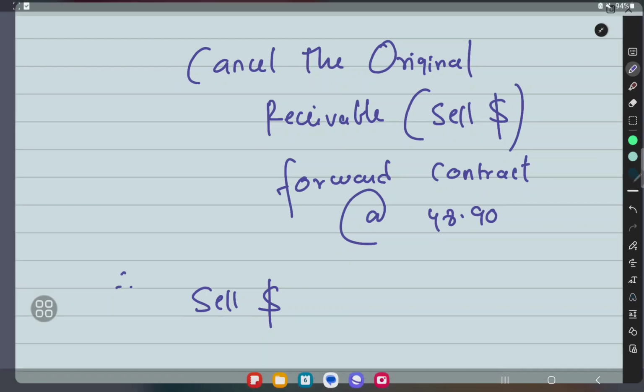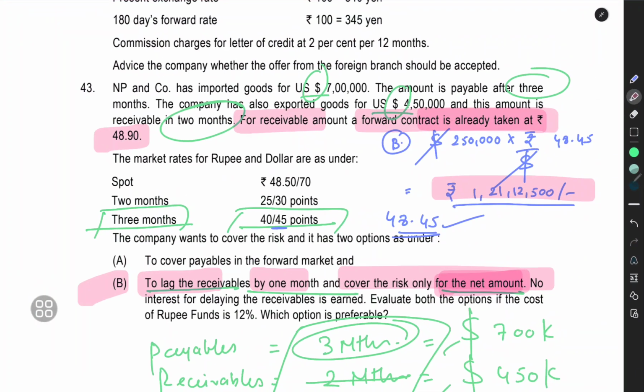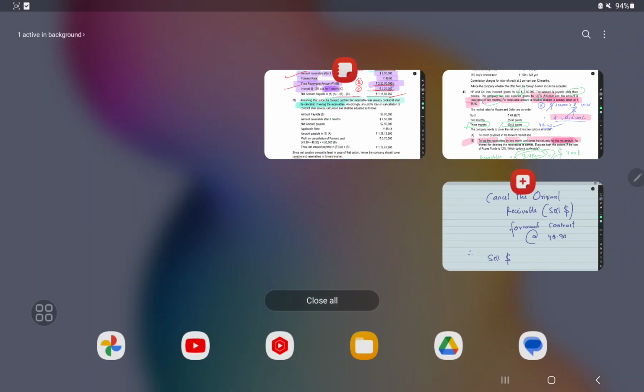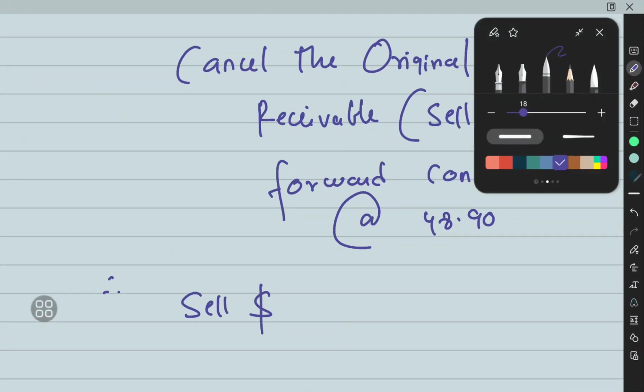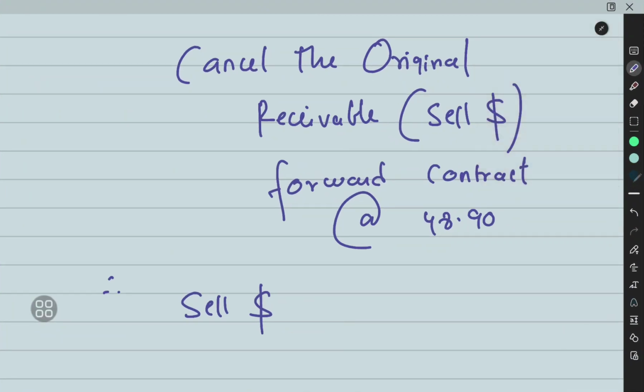The question says 4,50,000 receivable in 2 months. So sell dollar means I'll receive dollars of 4,50,000. Now as an Indian, I don't really have to keep these, and I'm not even allowed to keep these dollars. I will have to sell these dollars to the authorized dealers in the Indian market. So sell dollar, and this contract was fixed at 48.90. We had hedged this contract.